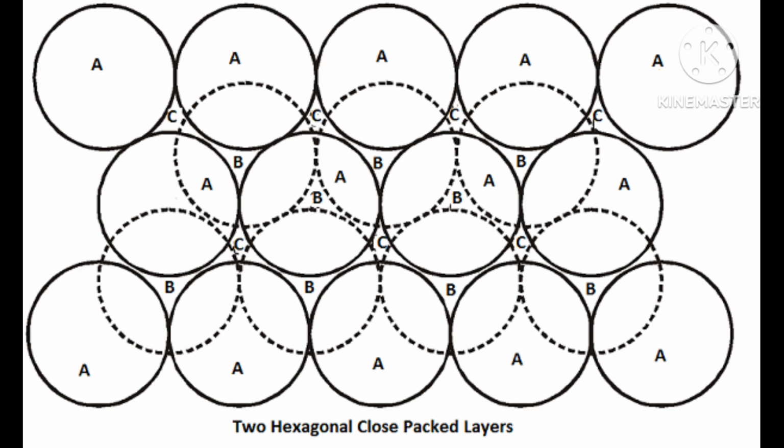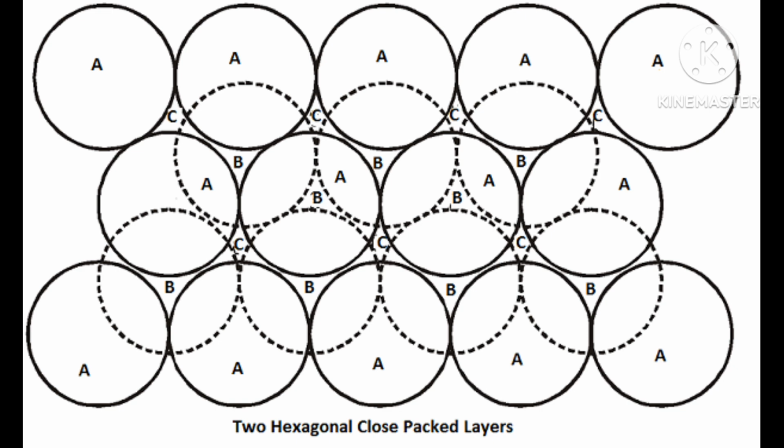Let us take a 2-dimensional hexagonal close packed layer A, and place a similar layer above it, such that the spheres of the second layer are placed in the depressions of the first layer.